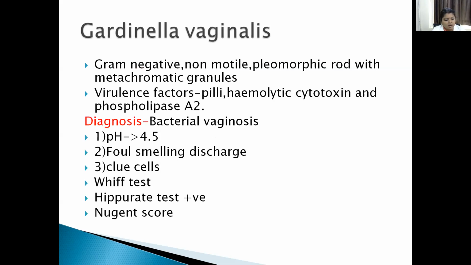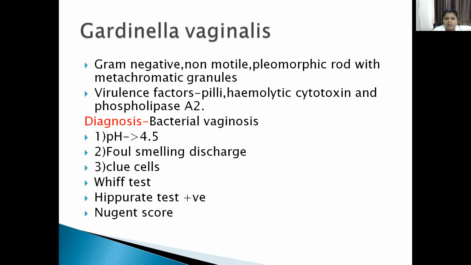Gardnerella vaginalis is a gram-negative, non-motile, pleomorphic rod with metachromatic granules. The virulence factors involved are pili, which is one of the structures for adherence, and other factors are hemolytic cytotoxin and phospholipase A2.